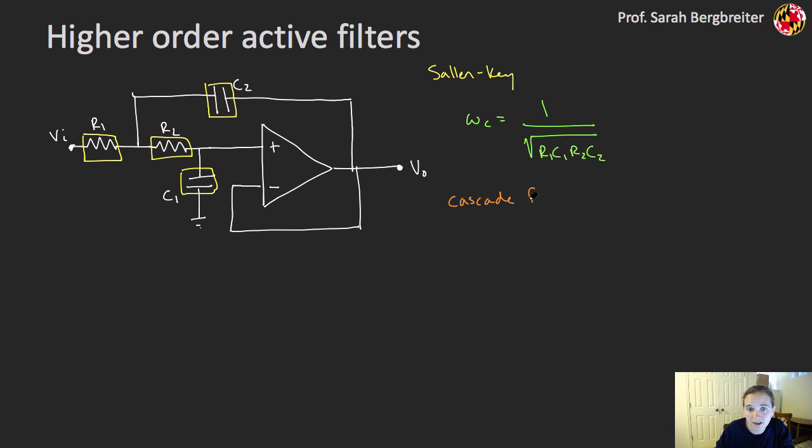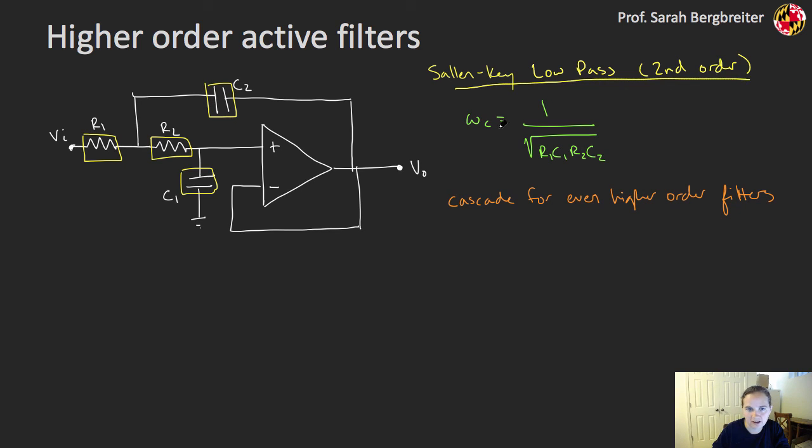So I can cascade to get even higher order filters out of this topology. I would have one Sallen-Key topology followed by another one to get much higher order filters and a much steeper transition between a pass band and a stop band. So this is a low pass second order filter.